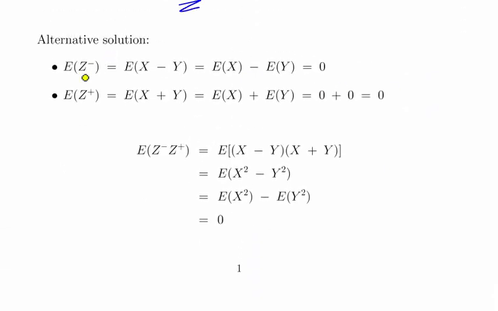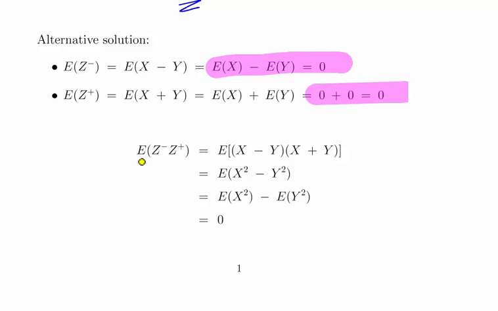Actually, I'll just talk through it. The expected value of z minus, I keep saying z1, is the expected value of x minus y, which is the expected value of x minus the expected value of y, and so on, 0. The expected value of z plus is the expected value of x plus y, which is the expected value of x plus the expected value of y, 0.